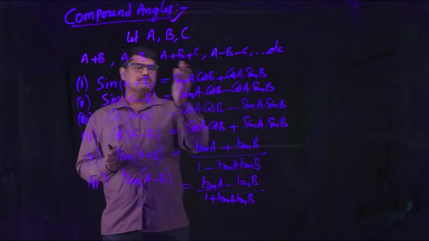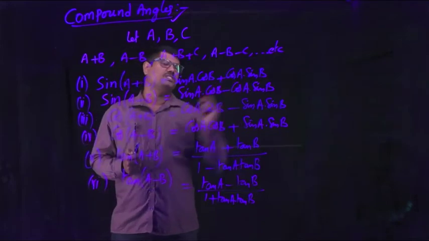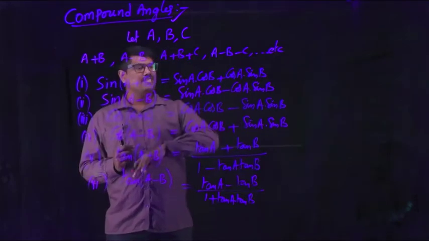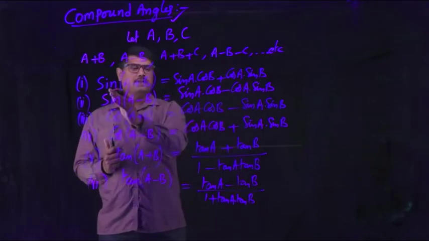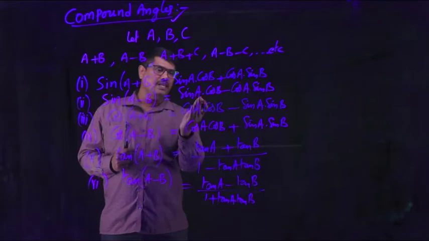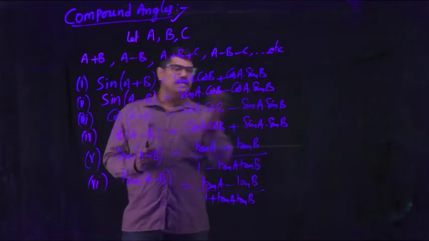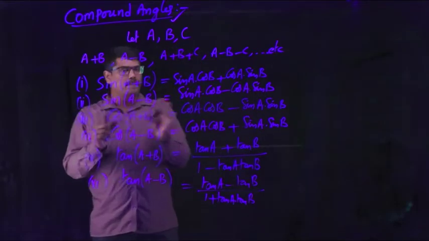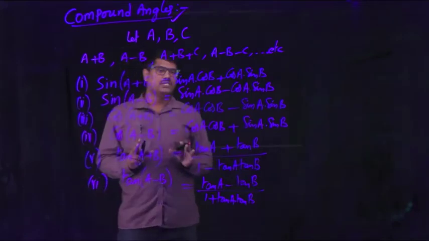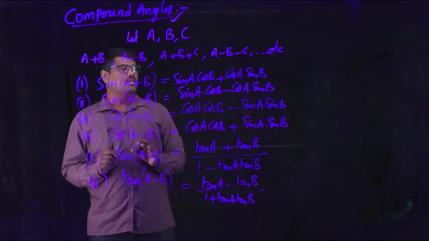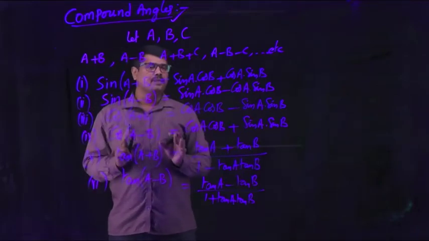Sin of A plus B is sin A cos B plus cos A sin B, and practice in reverse also. Sin A cos B plus cos A sin B is sin of A plus B, and sin A cos B minus cos A sin B is sin of A minus B. So you have to practice in both directions. If you practice the formula in both directions, then you can easily do the problems related to the concept.